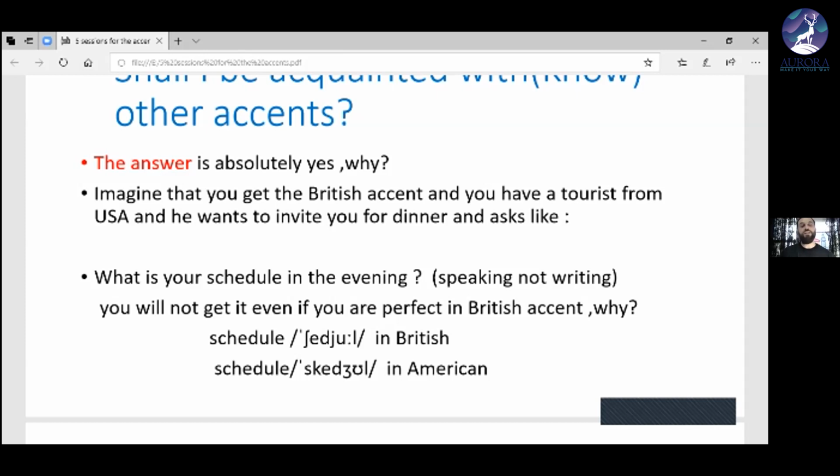Because the first schedule, the British one, they pronounce it in British society as schedule, schedule, جدول جدول ما هو جدولك اليوم؟ شو عندك اليوم؟ But the American style, the same word, نفس الكلمة, schedule. Oh, it's really different.